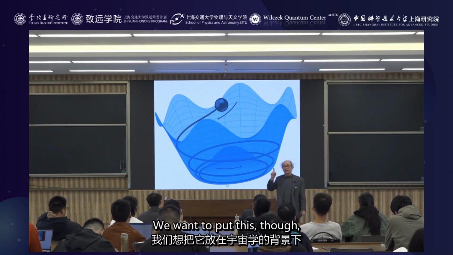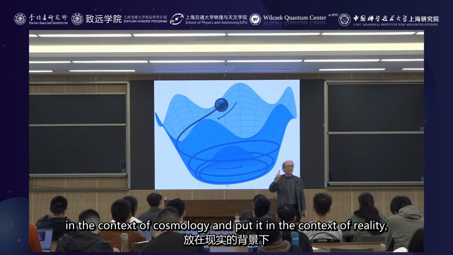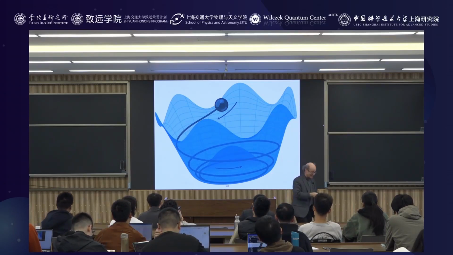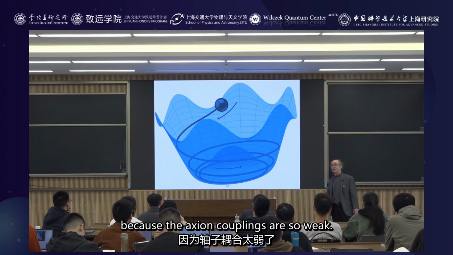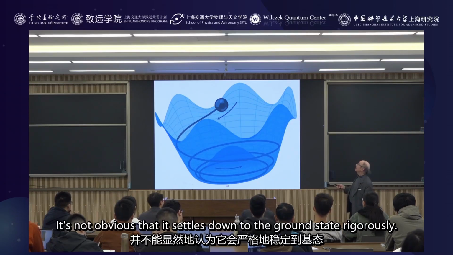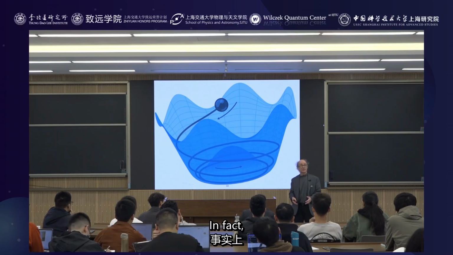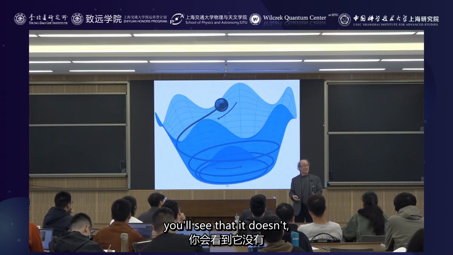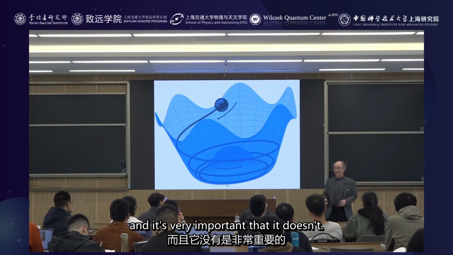We want to put this in the context of cosmology, in the context of reality. Because the axion couplings are so weak and it's so unusual, it's not obvious that it settles down to the ground state rigorously. In fact, you'll see that it doesn't, and it's very important that it doesn't.